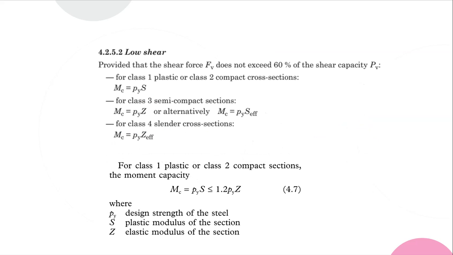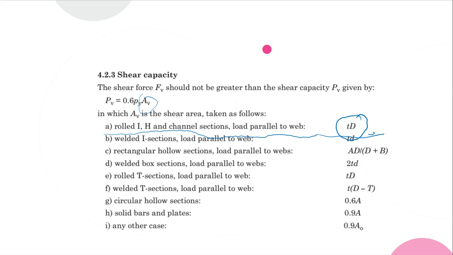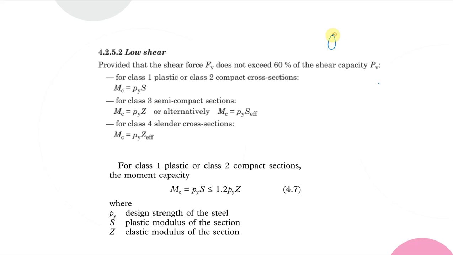And another thing, okay, provided that the shear force does not exceed, when we calculate that, we must also check that the shear force does not exceed 60% of the shear capacity. So it means the PV you calculated, you have to multiply again by 0.6. Okay, 60% is 0.6.